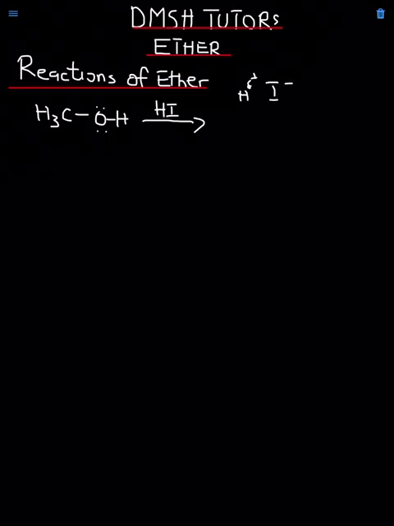What do you think will happen? The same thing will happen. We have protonation. The hydrogen will protonate the oxygen. Then we have these compounds, and the next thing is this.